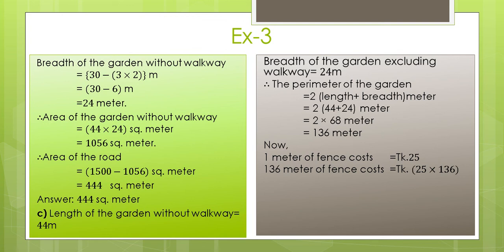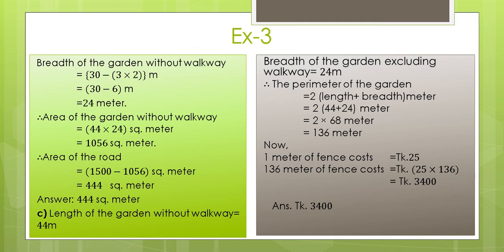That's why we multiply 25 by 136, and the answer will be 3400 taka. So for making a fence at the perimeter of the garden excluding walkway, the cost is 3400 taka.